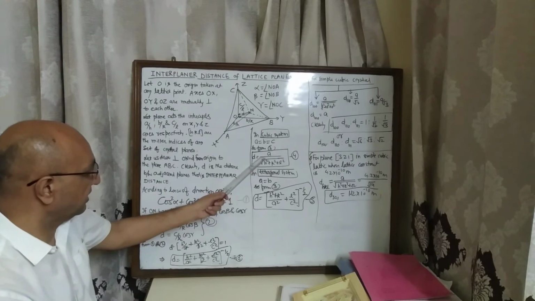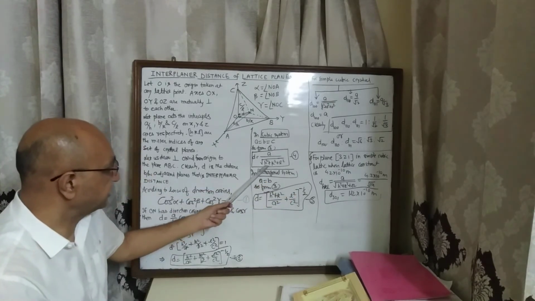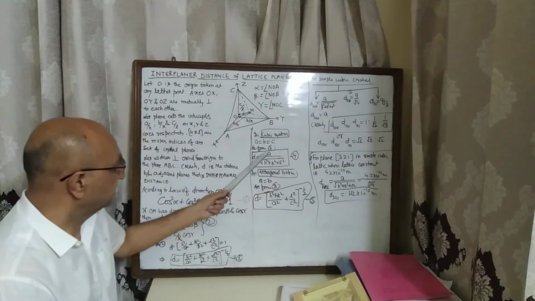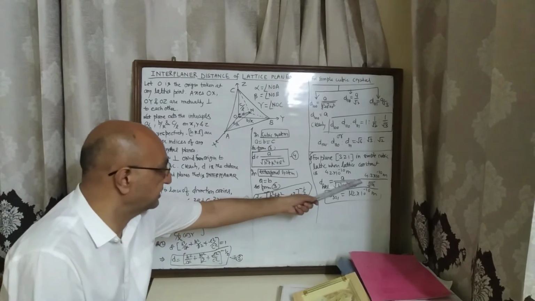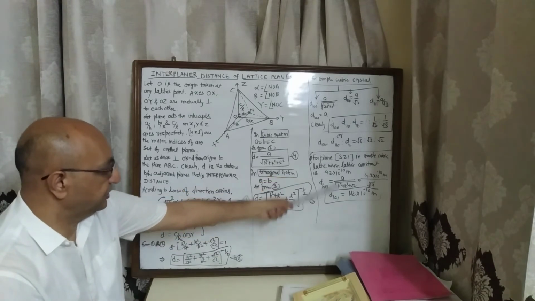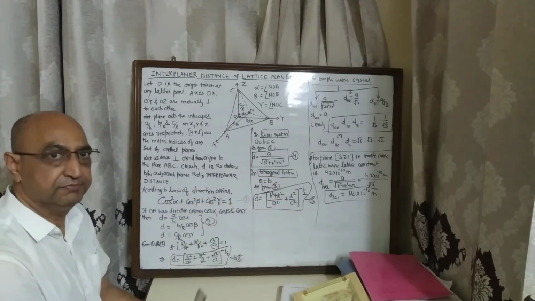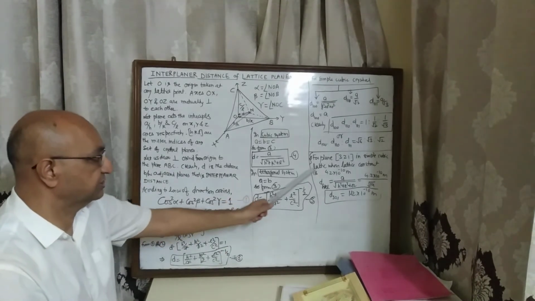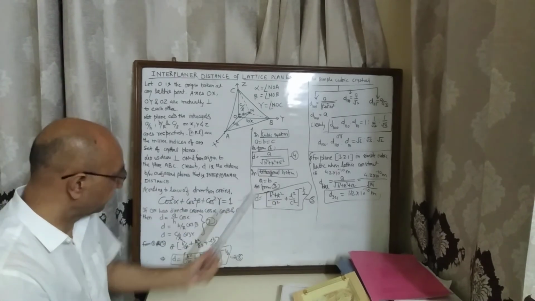Therefore, use this formula. h is equal to 3, k is equal to 2, l is equal to 1, and a is given. On putting these values, d321 is equal to 1.12 into 10 to the power minus 10 meter.